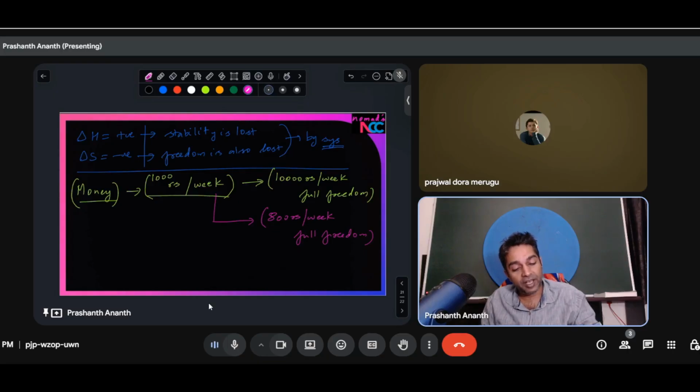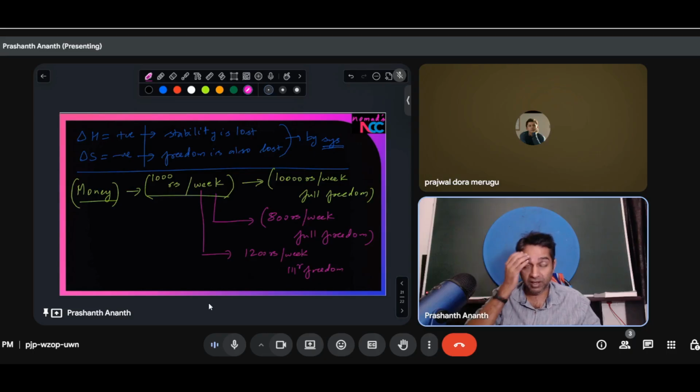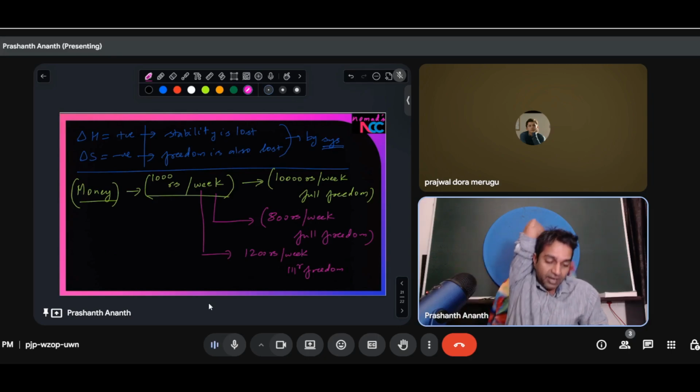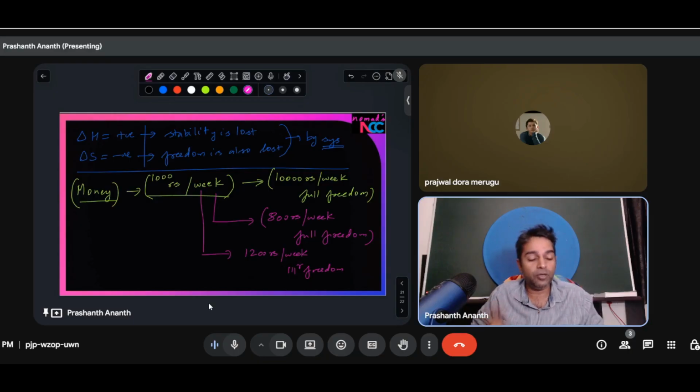Same thing will be the case if you are being offered something like, say, 1200 rupees per week and similar freedom, more rules. Maybe less than 1000 rupees, maybe above 1000 rupees. Earlier you had to basically account and get permission from your parents. In this case, above 800 itself, you'll have to get permission from your parents, or above 500, you have to get permission from your parents for sure. Something like that. Similar freedom, slightly lesser.